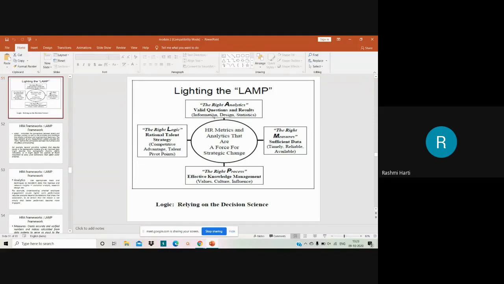You go in for searching the information. You design and use a lot of statistical tools and derive a particular outcome. Once the outcome is derived, you try to measure the validity or reliability of this analytics.